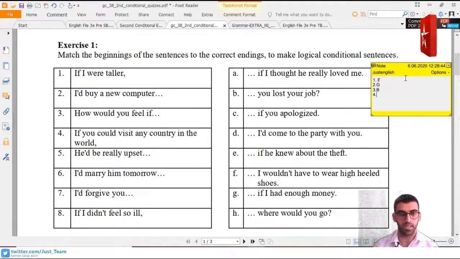What about number 6? I would marry him tomorrow if, wow. I would marry him tomorrow. Okay, that is a really interesting sentence.